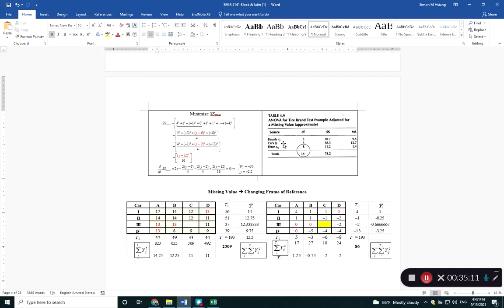I can have the brand, each car brand, or which car brand you're in, or I can use what? I can use the tire, the car or the tire to be that. So there are 3 different average. All 3 play a role. Which one should I use?